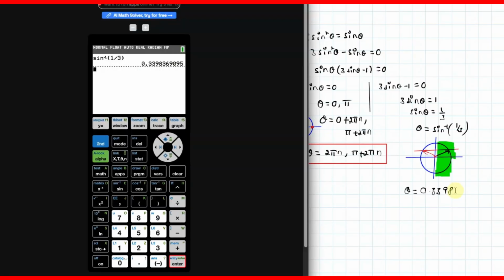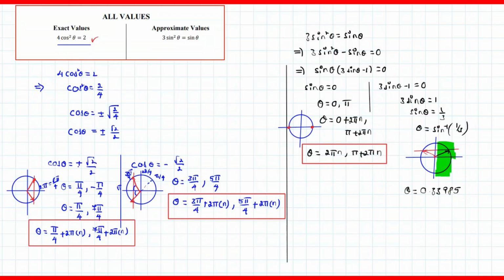So this is the angle. So we have to find the other angle. These two angles are symmetric about the y-axis. So you can find the other angle by subtracting from pi.